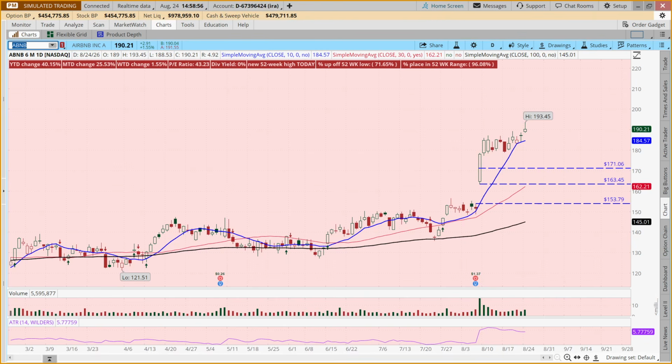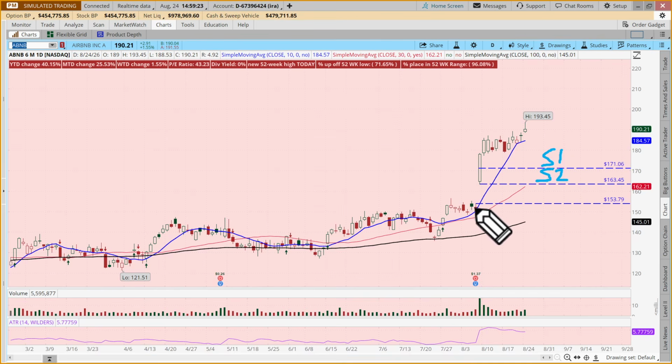If we're looking for support levels, this is how some traders might look at support. They might say halfway through this candle, I'm going to consider that support level 1. If it gets all the way to the bottom of that candle, the low of that day, support level 2.